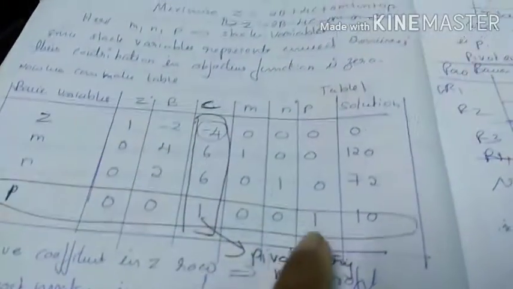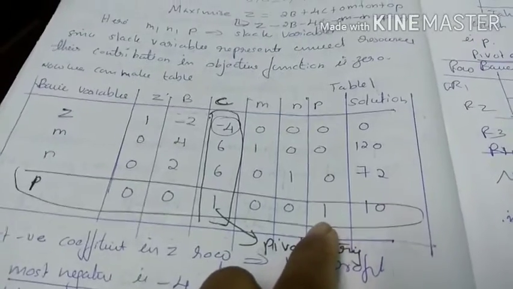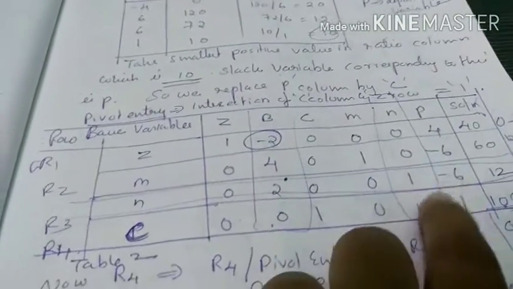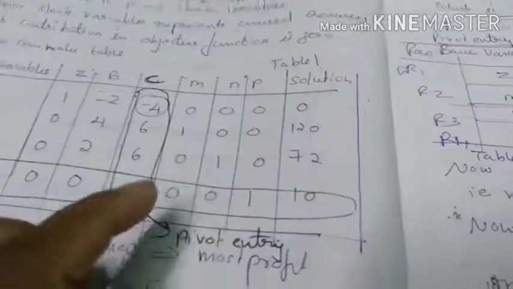For example, in the P row, 0 minus 0 plus 4 into 1 gives 4. 0 minus 6 into 1 gives minus 6. Next, 0 minus 6 into 1 gives minus 6. And 1 by 1 gives 1.